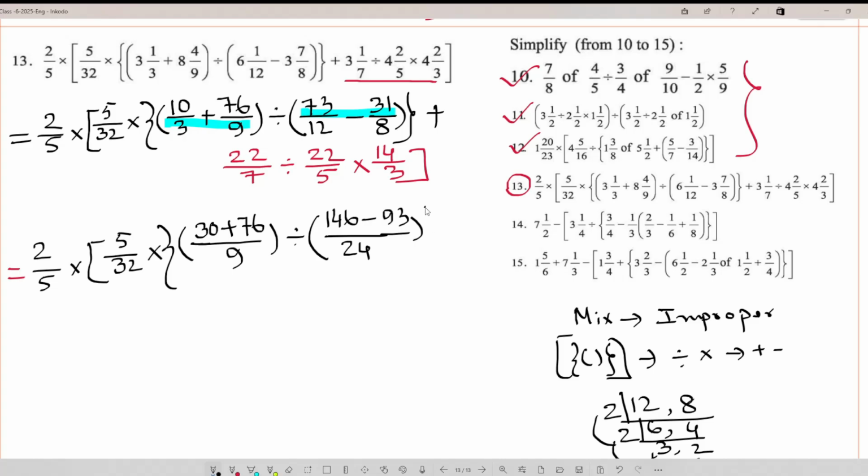Okay, then second bracket close, plus here we will not touch anything because the first bracket work is not complete, it will be unchanged.